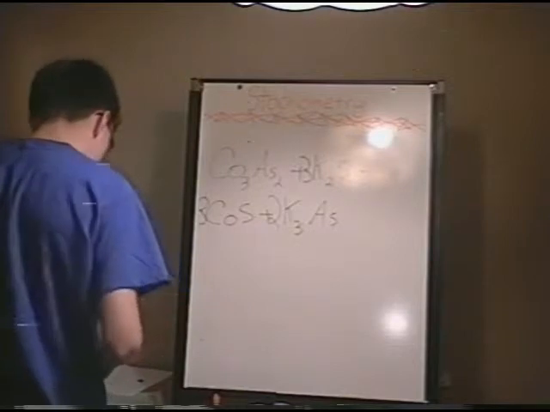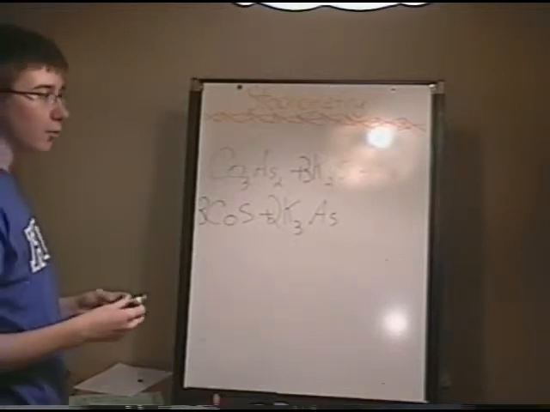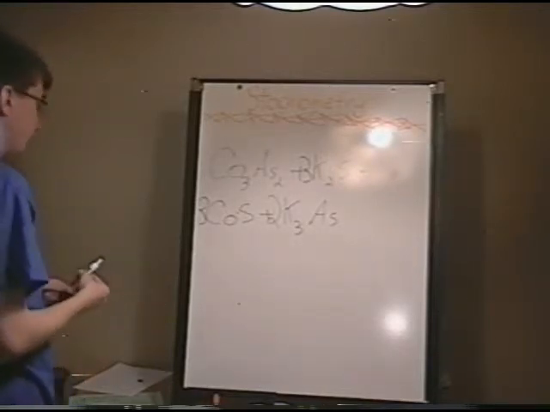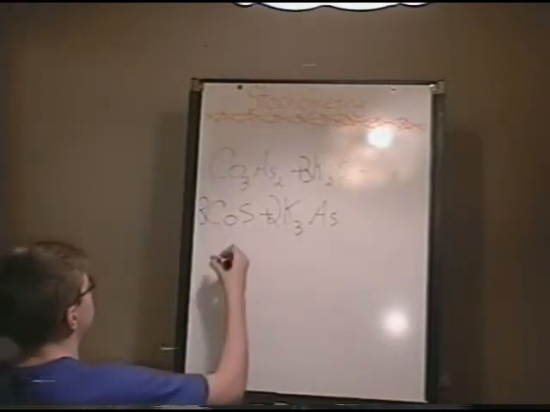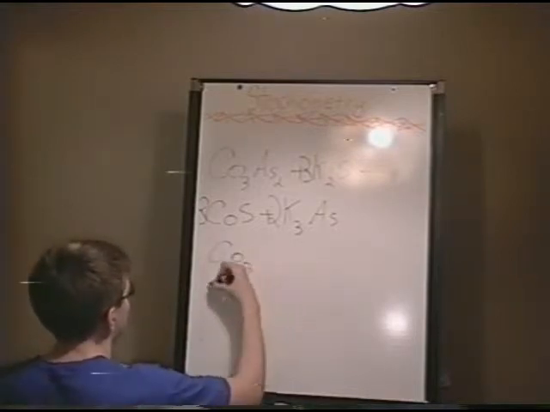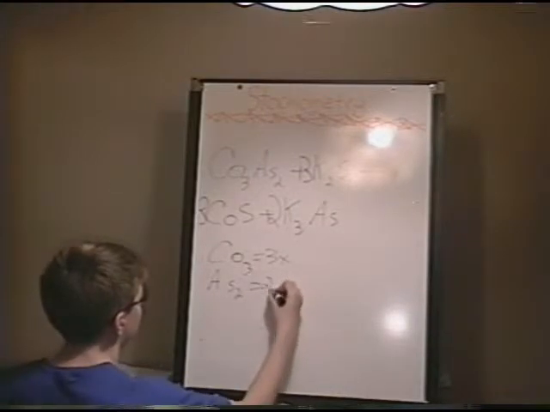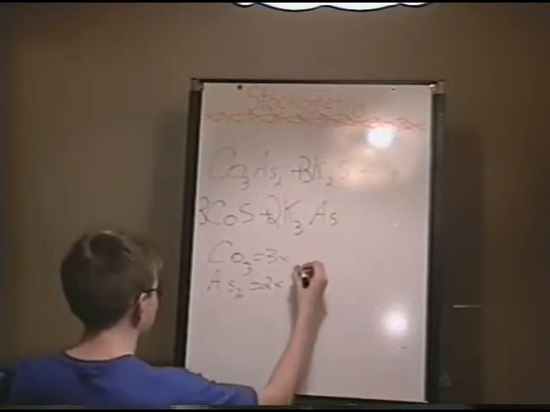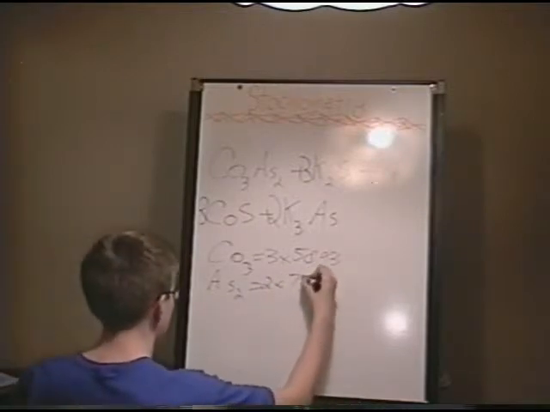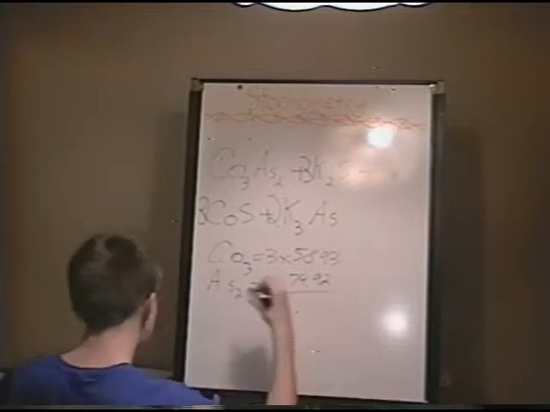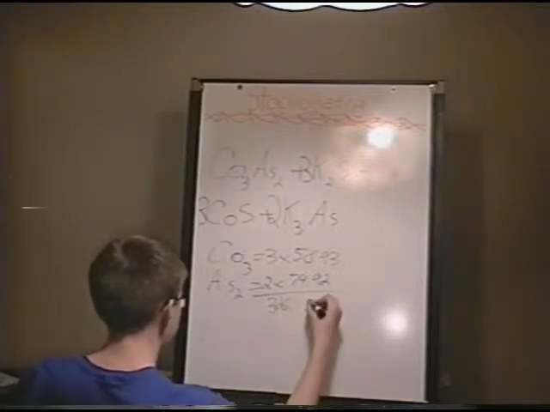Now you have that written down. You want to find your molar mass. To find your molar mass, you want to appear our table and look to the top right hand corner. You'll then find your molar mass in bold letters. The molar mass of Co3As2 is 326.67.